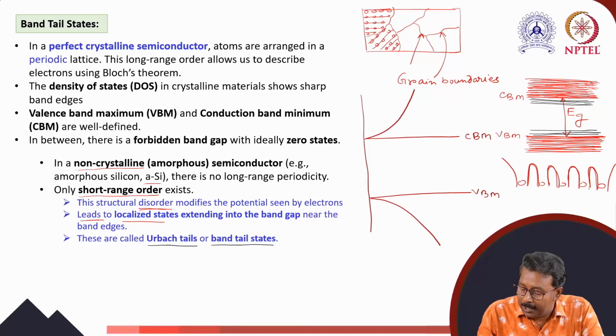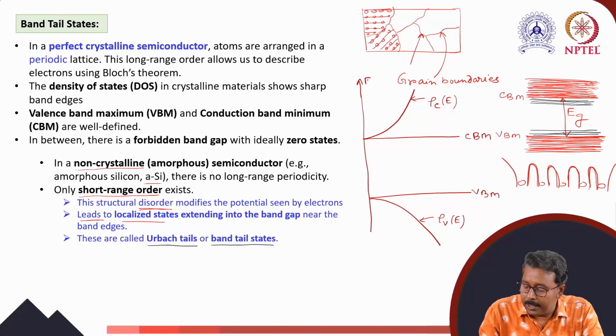And there is a clear edge. So in between the conduction band minima and valence band maxima, there are no states. This is the density of states rho C(E), and this is rho V(E), and here it is energy.